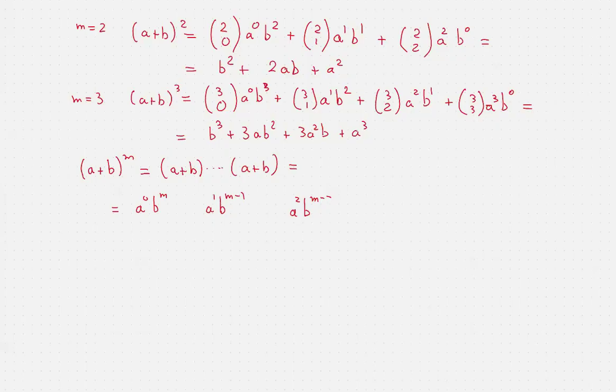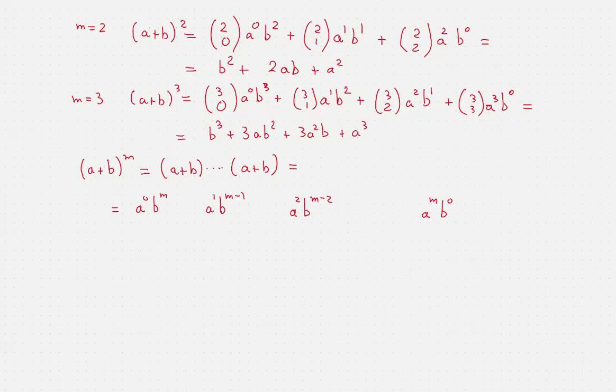What you have to ask is how many such products do you get? And the answer pretty much boils down to a combinatorial argument, because it's like asking out of m parentheses in how many ways can you choose n a's? And the answer obviously is m choose n.